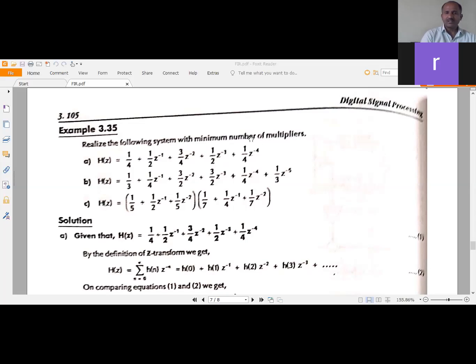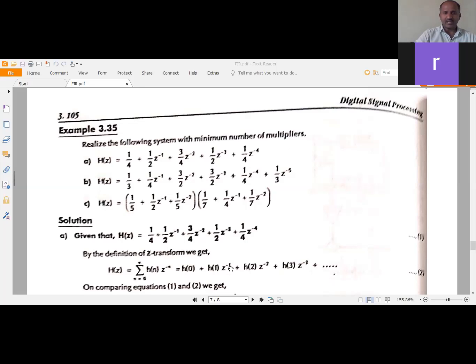So as already told, realizing this FIR system by using minimum number of multipliers method, or otherwise linear phase realization, it should satisfy the condition of symmetry. As I already told, any system that can be realized in minimum number of multipliers method or otherwise linear phase realization, that should satisfy the condition of symmetry.